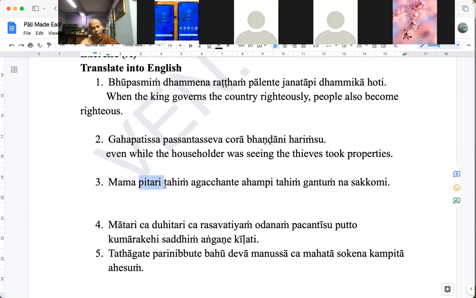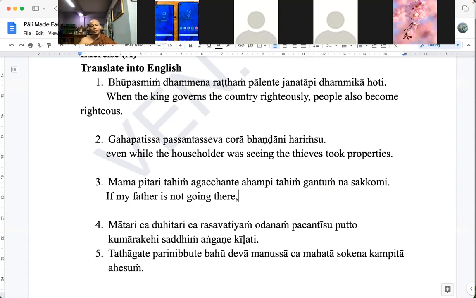Here Bitari with the locative case. So Agachandi, present participle also locative case. So here, actually, it is better: mama means mine, bidari means father. So if my father, Agachandi means is, but so negative, so is not going. So the hey means there.